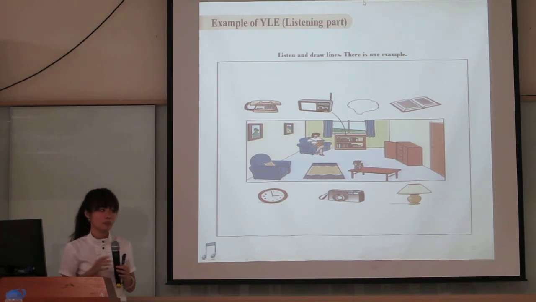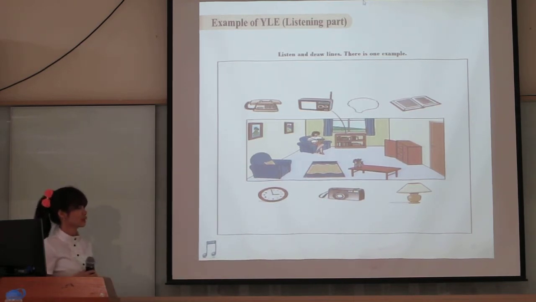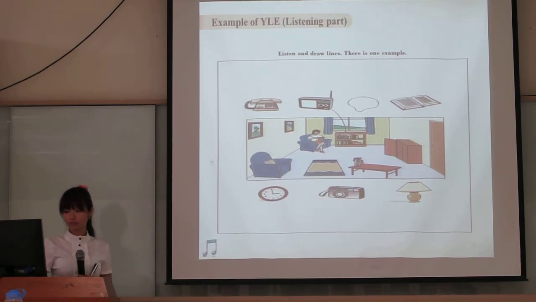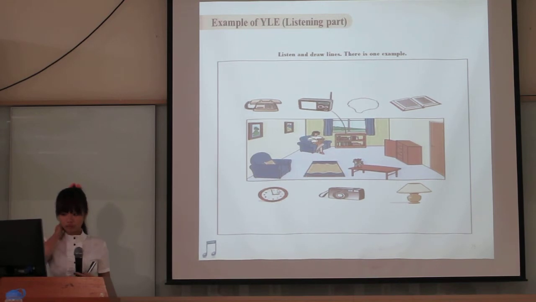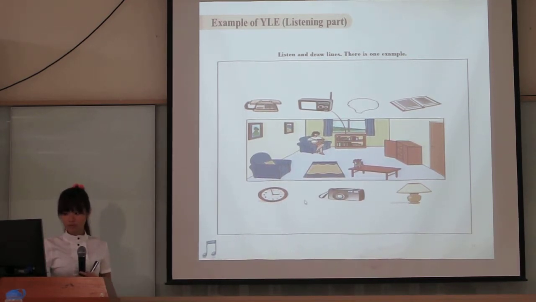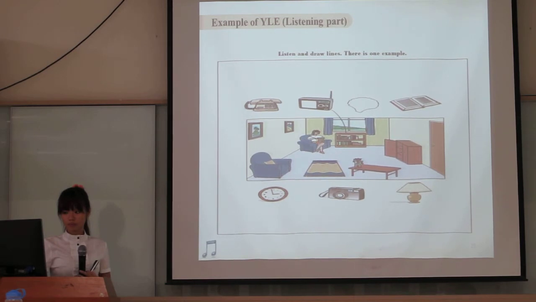Good. Part 1. Now look at the picture. Listen and look. There is one example. Put the radio on the bookcase. Sorry, put the radio where? On the bookcase. Right.